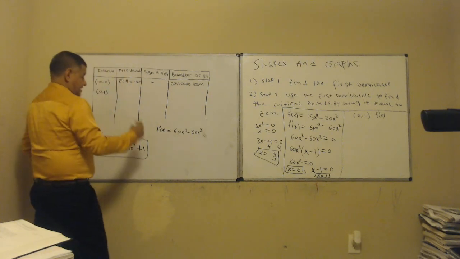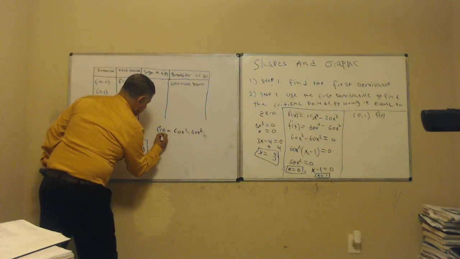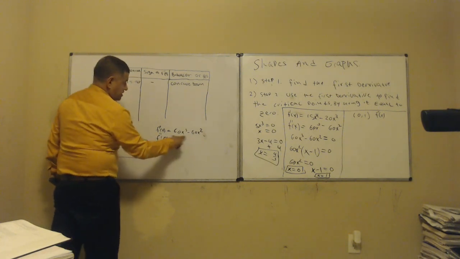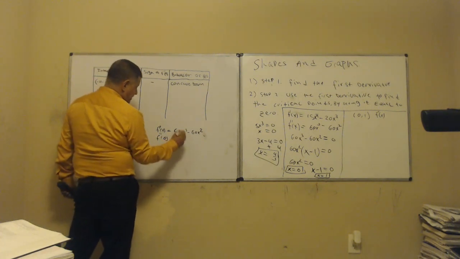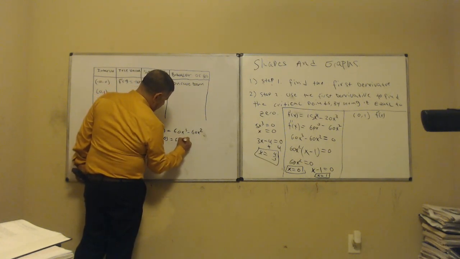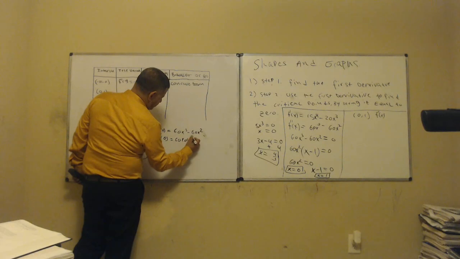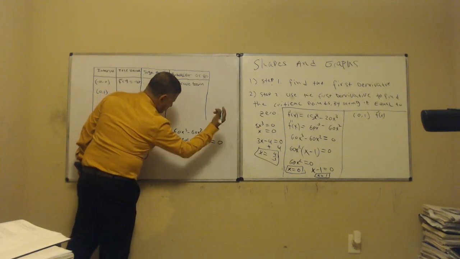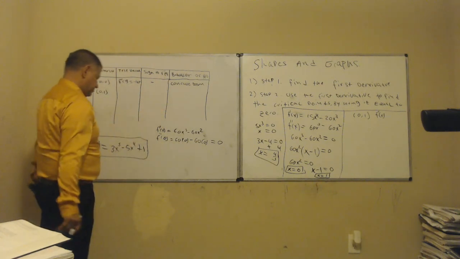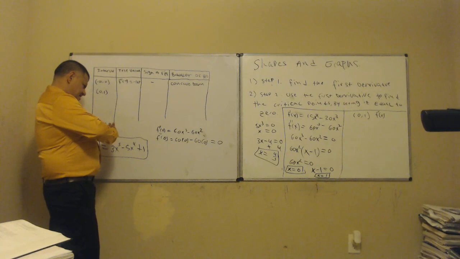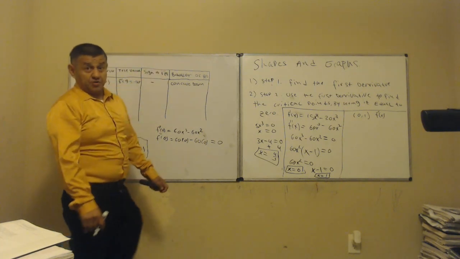If we do 0, plotting 0 for everything is going to be equal to 60 times 0 minus 60 times 0, which is 0. So we know at that point, simply 0.